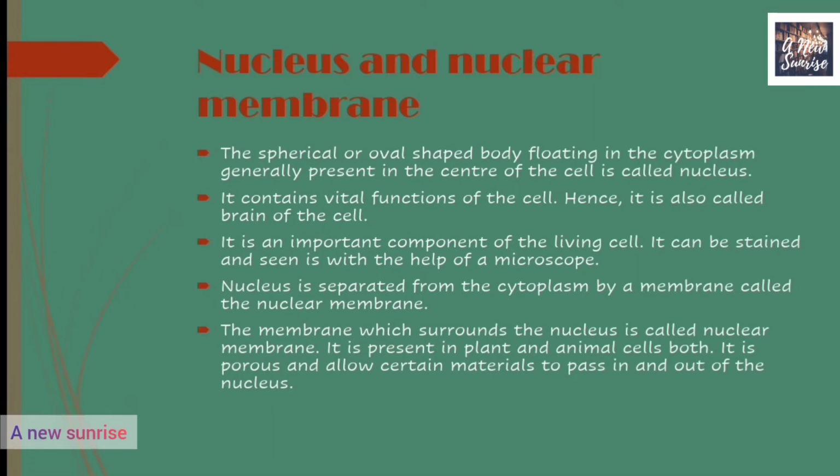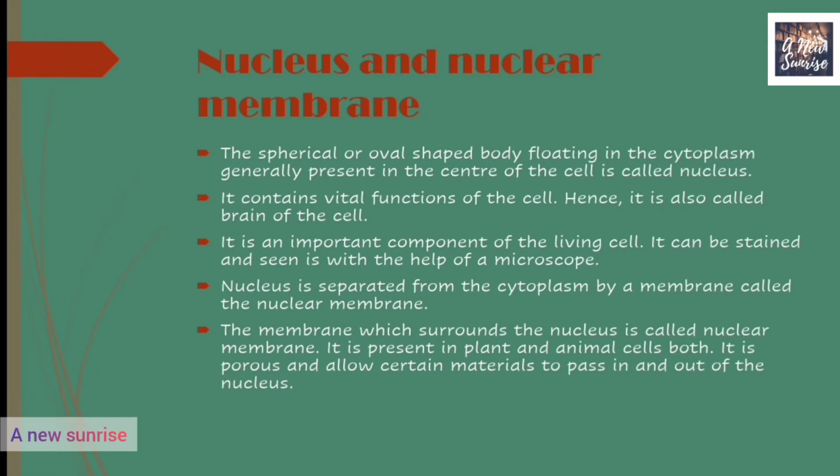The spherical or oval-shaped body floating in the cytoplasm, generally present in the center of the cell, is called nucleus. So what is nucleus? The spherical or oval-shaped body floating in the cytoplasm, generally present in the center of the cell, is called nucleus.